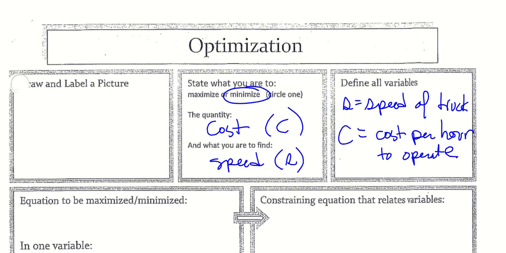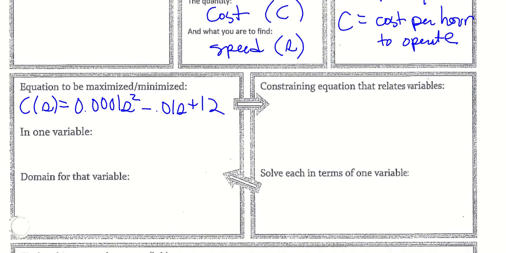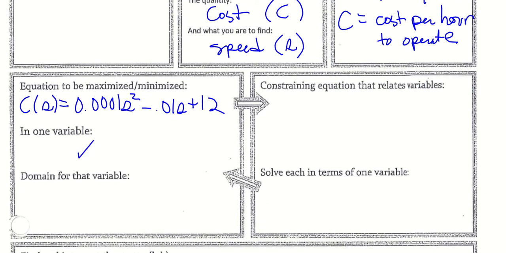We're given an equation that's kind of nice. So our equation is that C of S is 0.0001 times S squared minus 0.01 times S plus 12. So that is already an equation in one variable, which means that we don't need a secondary or constraining equation.